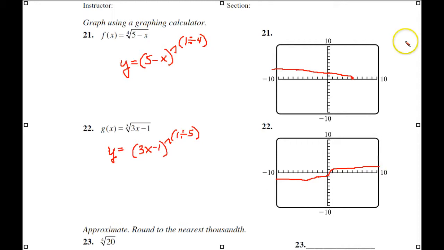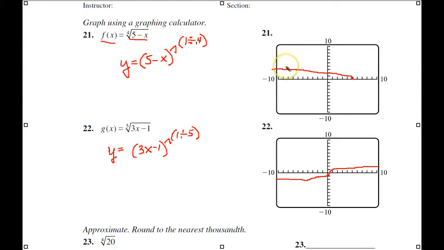Now on these next ones, what they're showing us is how to put this into a graphing calculator. Well, you take the radicand, put that in parentheses, use the caret sign on your calculator, and then in parentheses 1 divided by 4, because you're converting it from its radical form to its fractional exponential form.